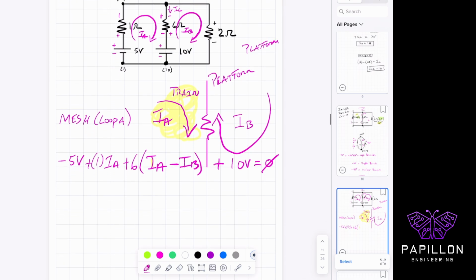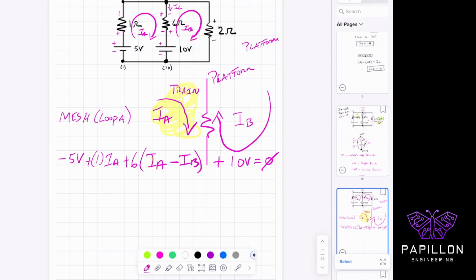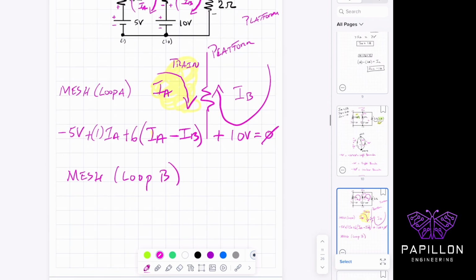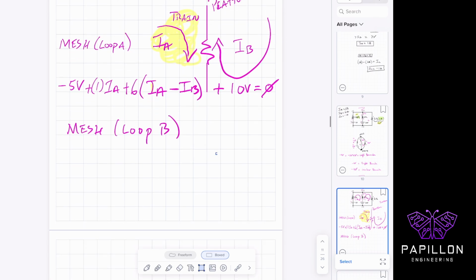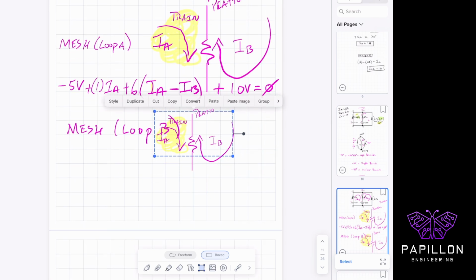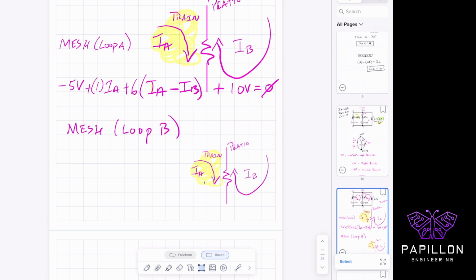No thinking involved. And now if I did the problem from loop B's perspective, then I don't have to overanalyze again at all. Here I copy and paste this. And this time, I'm going to delete this side.